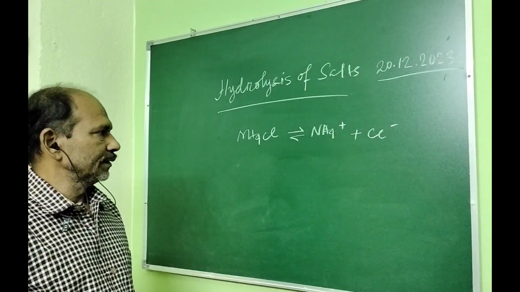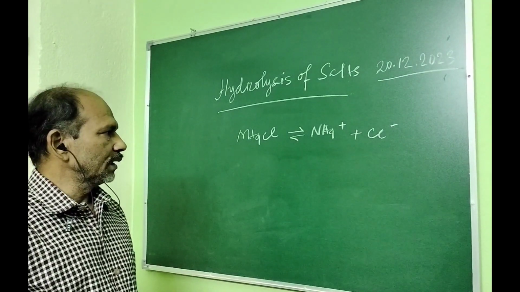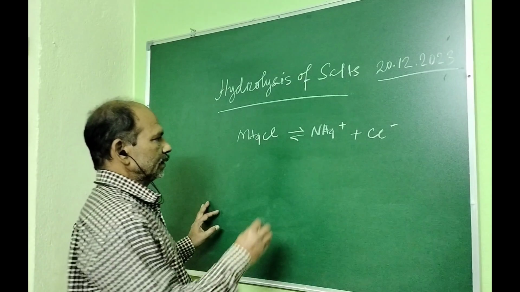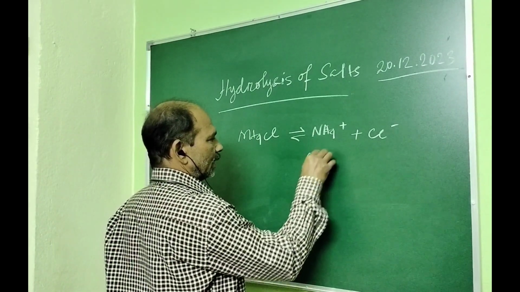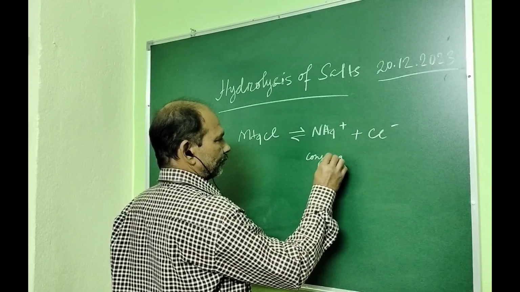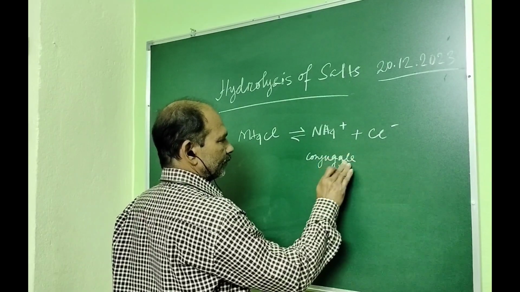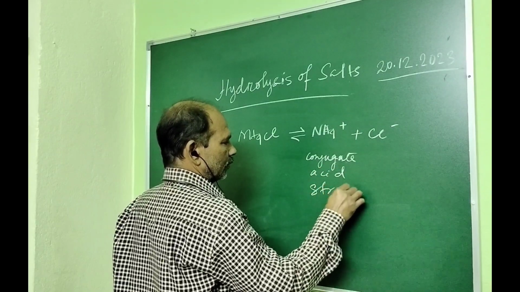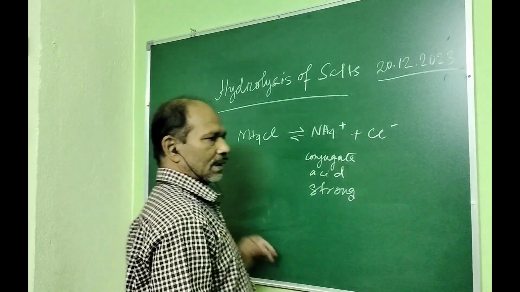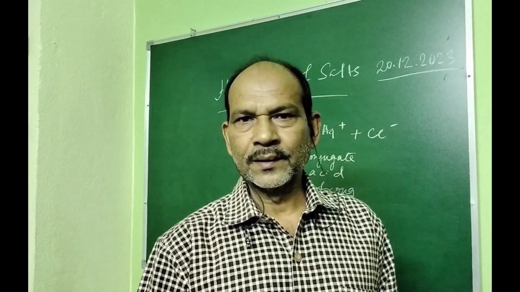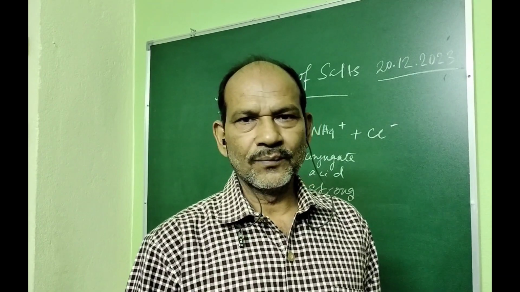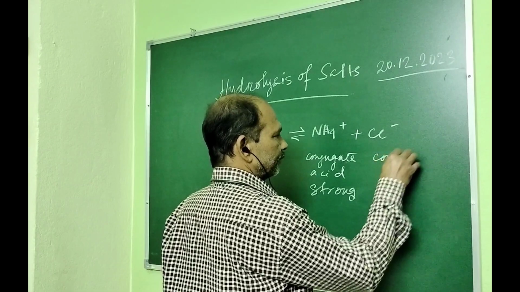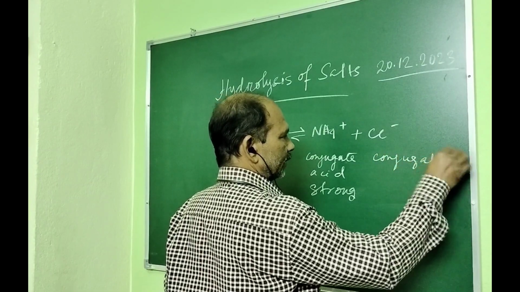So NH4 plus is the conjugate acid of a weak base, so this conjugate acid is strong. But Cl minus, as it is the conjugate base of strong acid HCl, is weak actually.